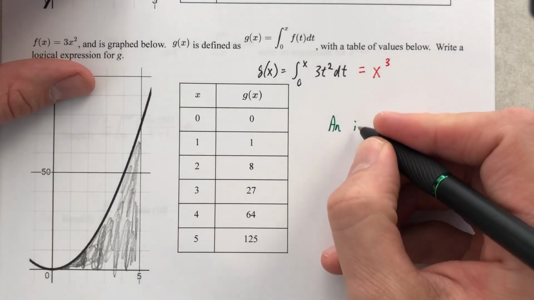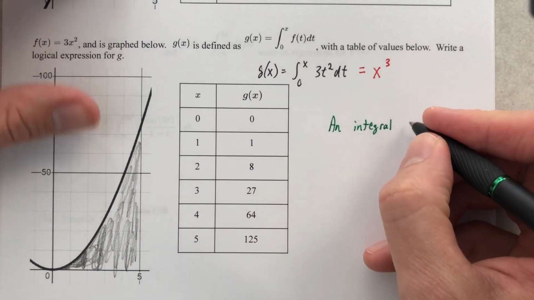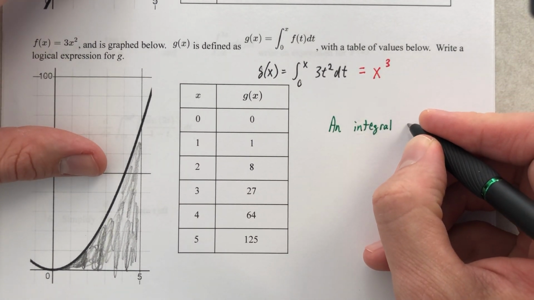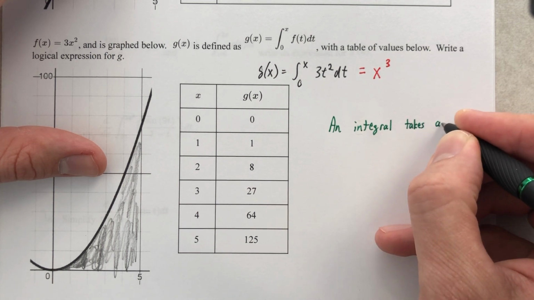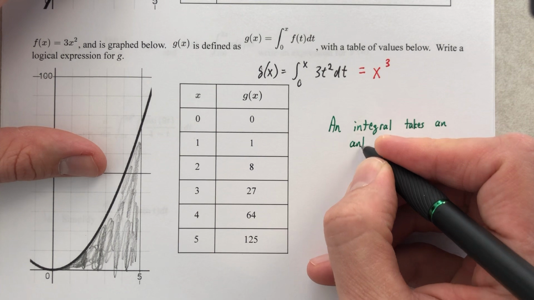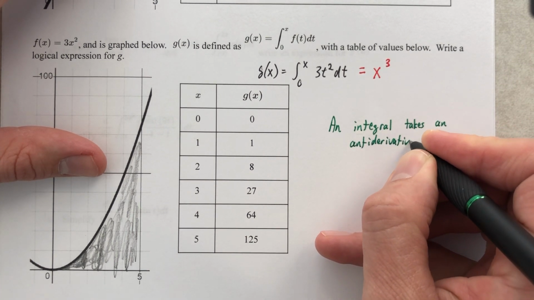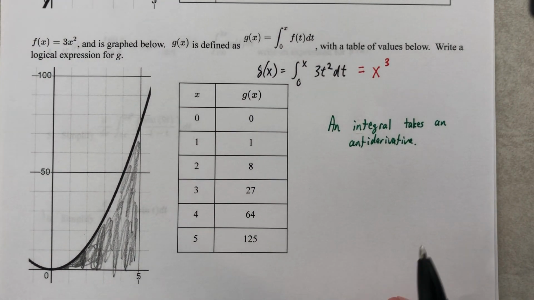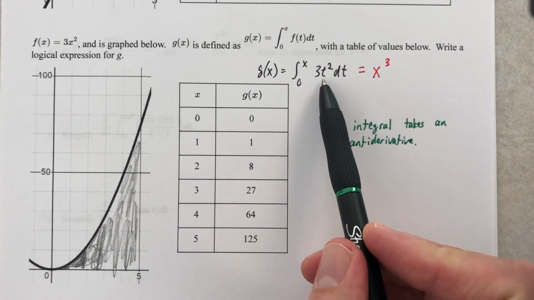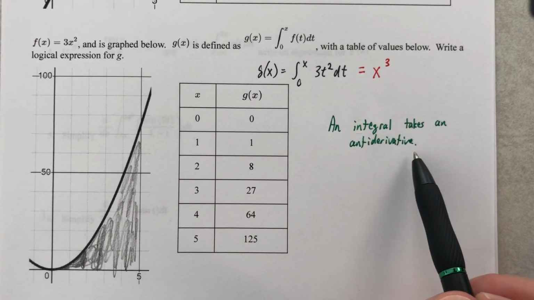An integral takes an antiderivative. An antiderivative is that thing you would say, oh, the derivative of this will take me back here, okay? So an integral takes an antiderivative.